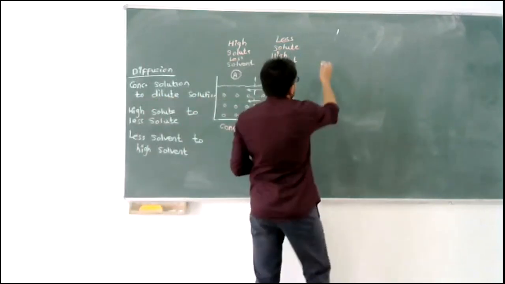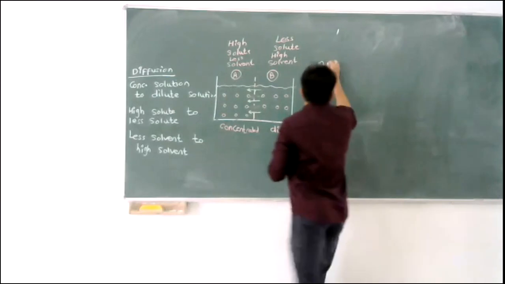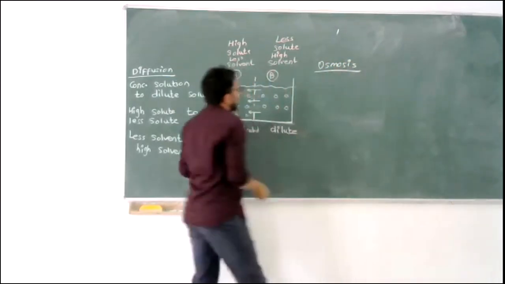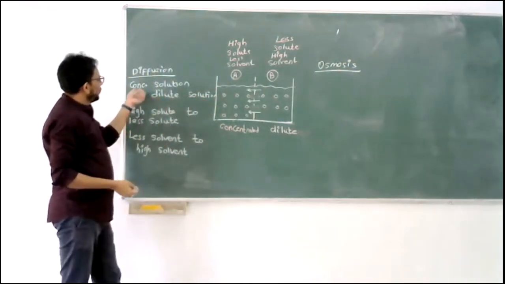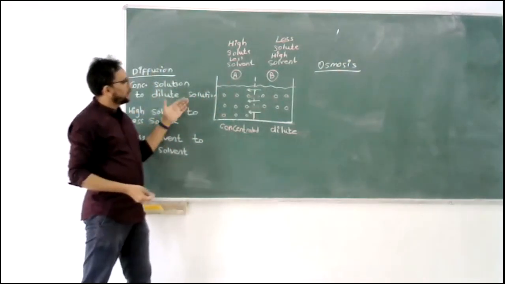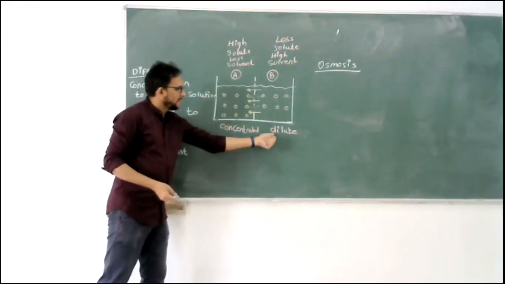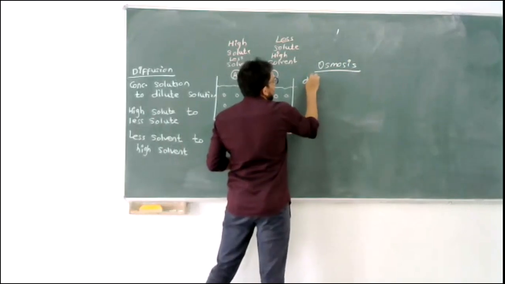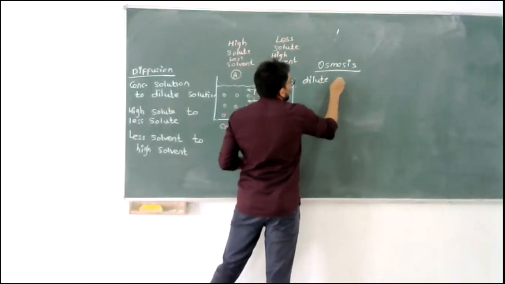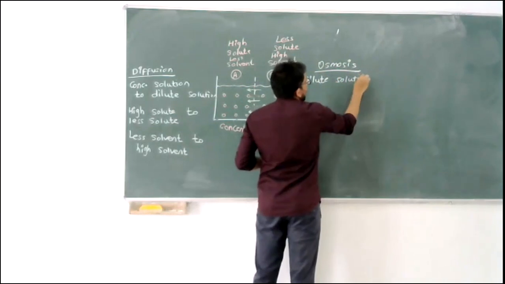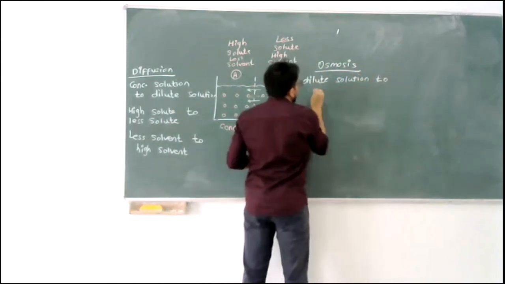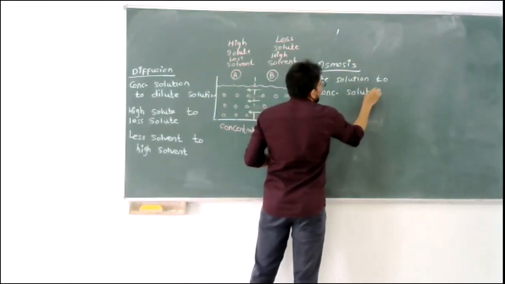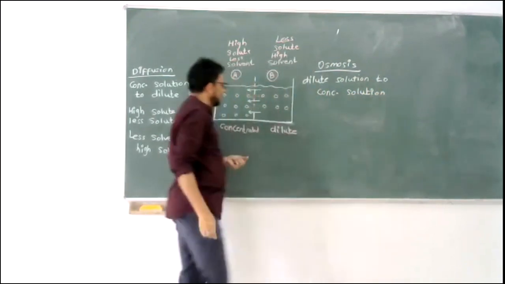Now, when I write these things for osmosis, osmosis is happening. Diffusion was concentrated solution to dilute solution. Osmosis is happening from dilute solution to concentrated solution. Now you will see the difference in all these things.